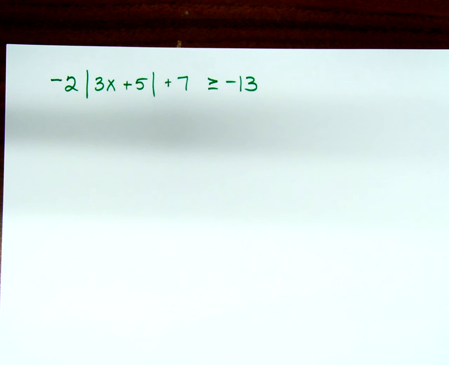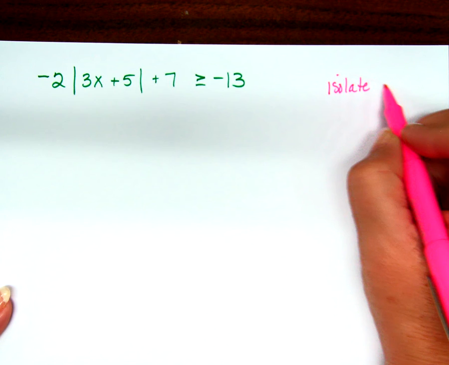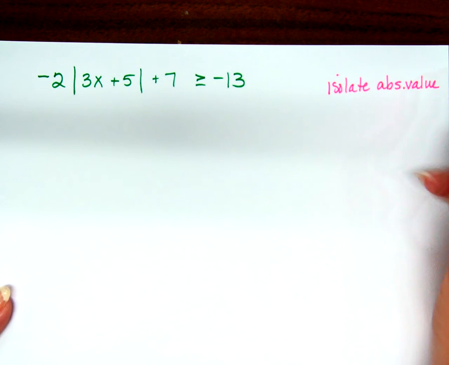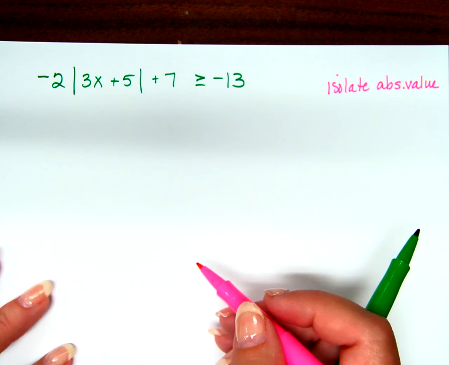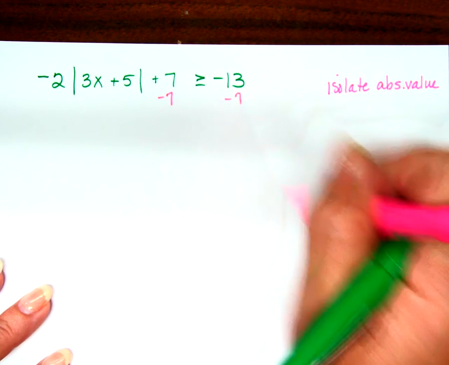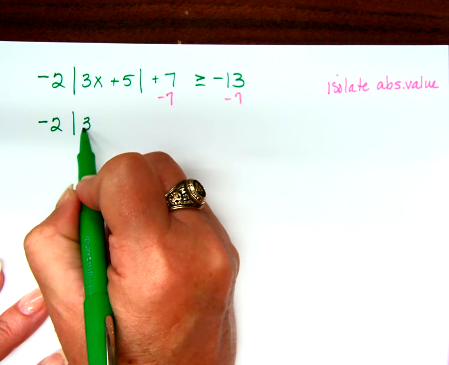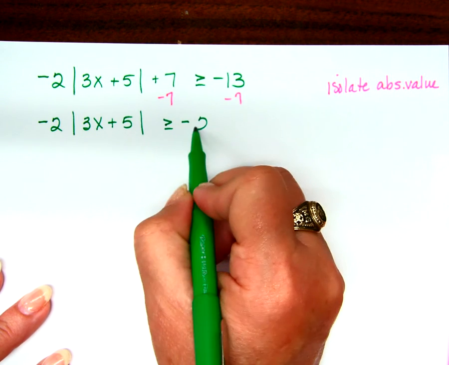So to solve this, first I need to isolate my absolute value. So to isolate the absolute value, what do I need to do first? Subtract 7. So I have negative 2 times the absolute value of 3x plus 5 is greater than or equal to negative 20.